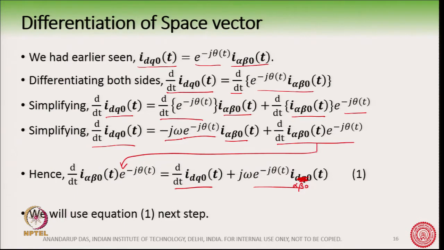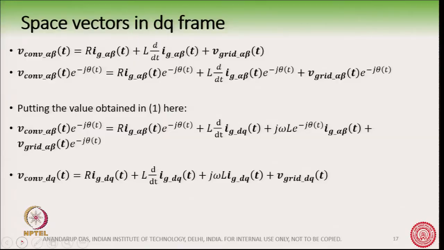We will use this equation 1 in the next step. Now, this is the equation which we got from the alpha beta domain: V conv alpha beta is R I g alpha beta plus L d/dt of I g alpha beta plus V grid alpha beta, in space vector form in the alpha beta domain. When we want to convert into the dq domain, I will multiply all the quantities with e to the power minus j theta.